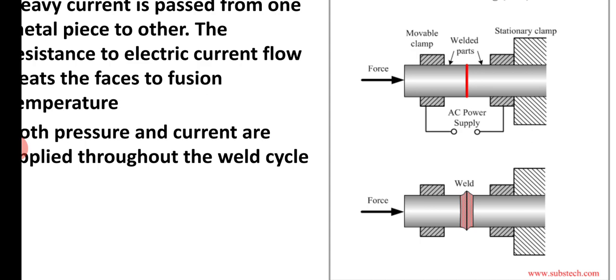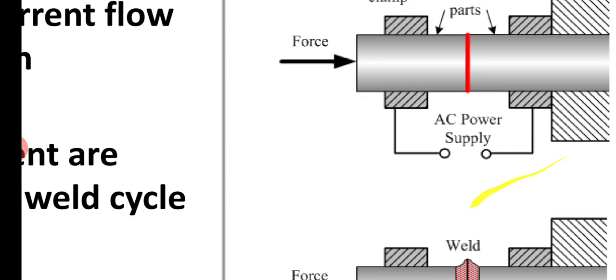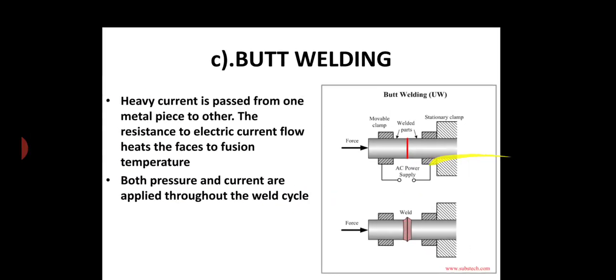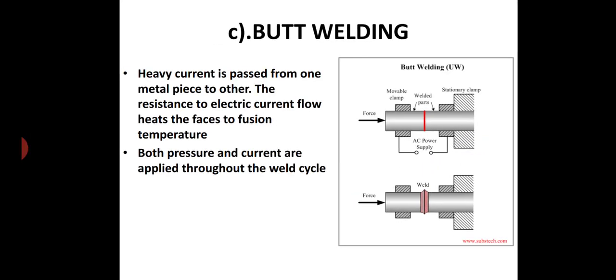High holding force will be provided from both ends, and again power, you can see the AC power supply, welded joint, and the stationary clamp. Heavy current will be passed from one metal piece to the other, so that the resistance at the metal to metal contact surface can be utilized for making your workpiece into molten state.